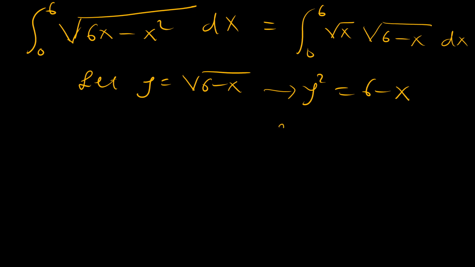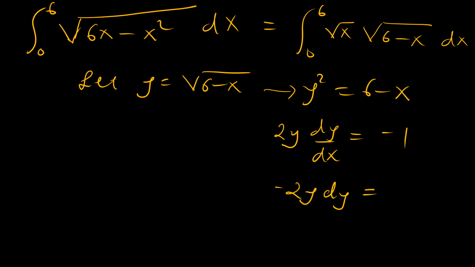And so when you differentiate both sides with respect to x, we have 2y dy/dx equals negative 1. And so negative 2y dy could be substituted for dx. So this is one important substitution.